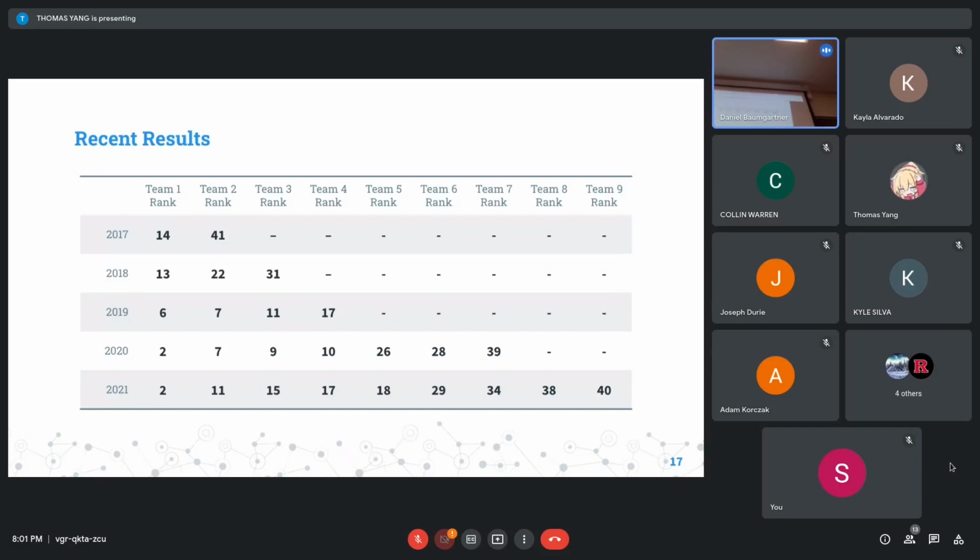I can just read off the last results: there's Columbia, Rutgers, NYU, Cornell, Stevens, Yale, and Poly, then Yale again, Columbia, etc.